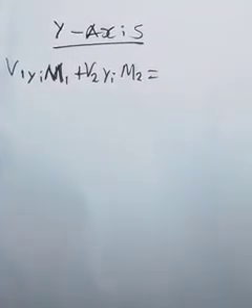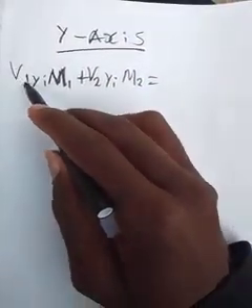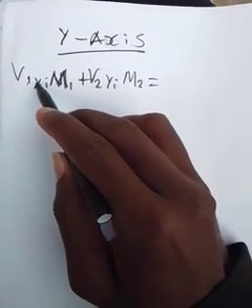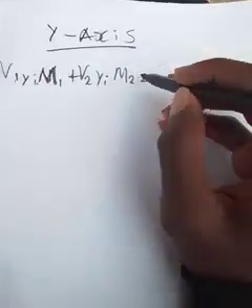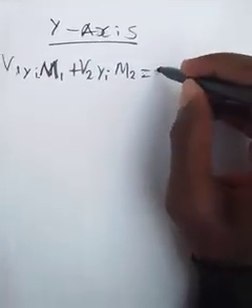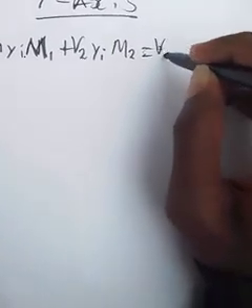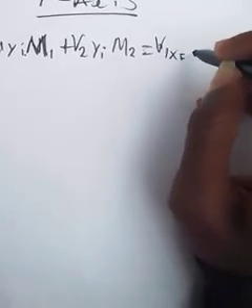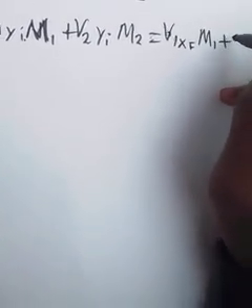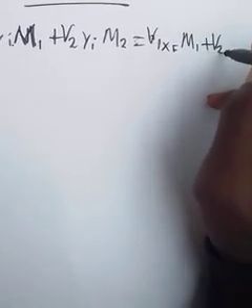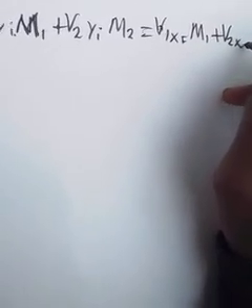Here I'm saying that the velocity for the first object in the y-axis, which is the initial velocity, is equal to v1 xf m1 plus v2 xf m2.